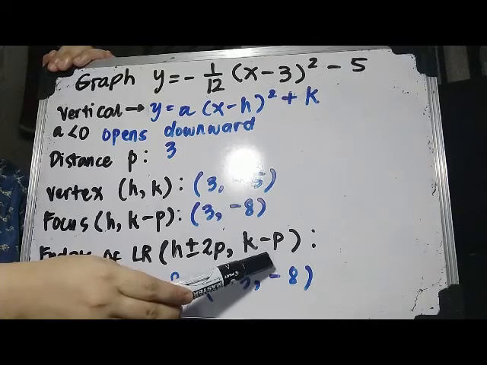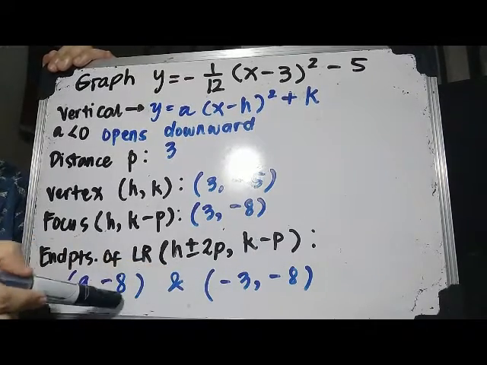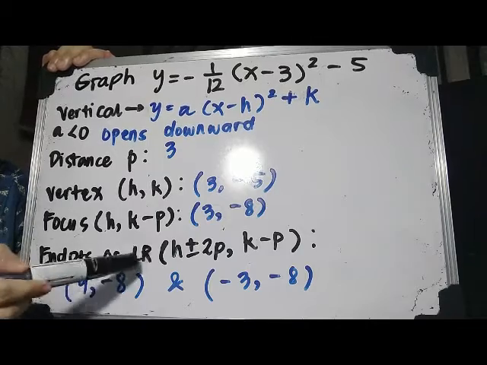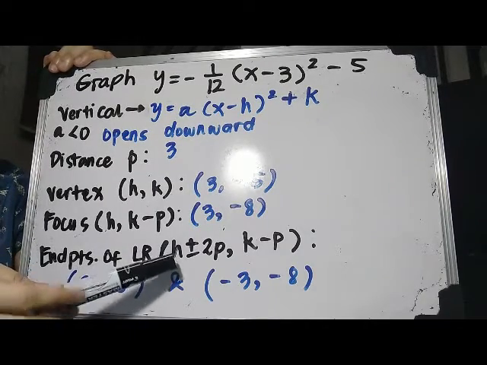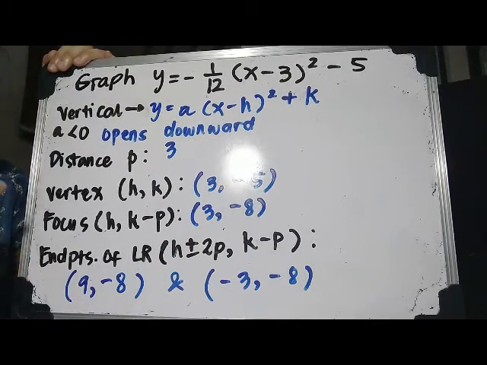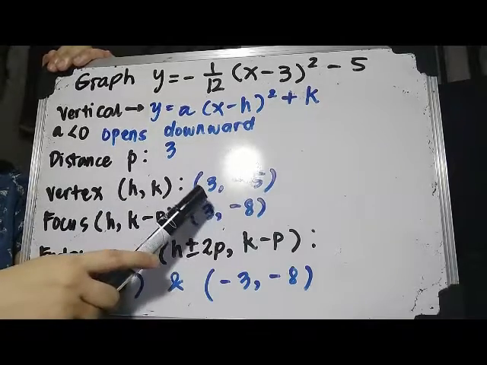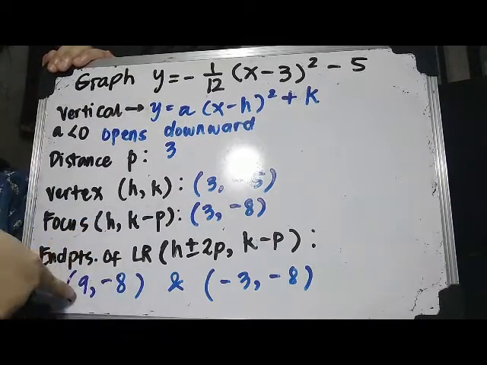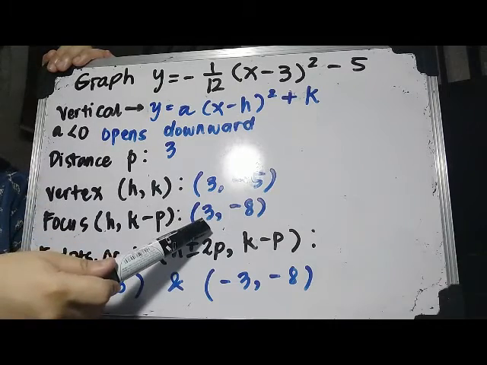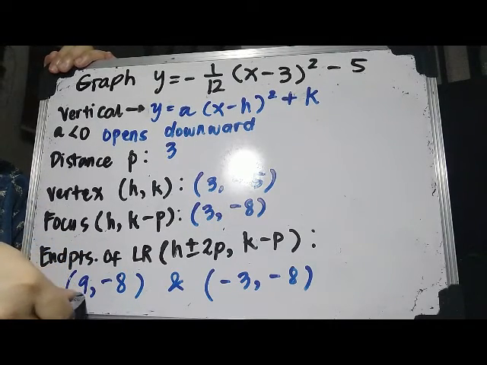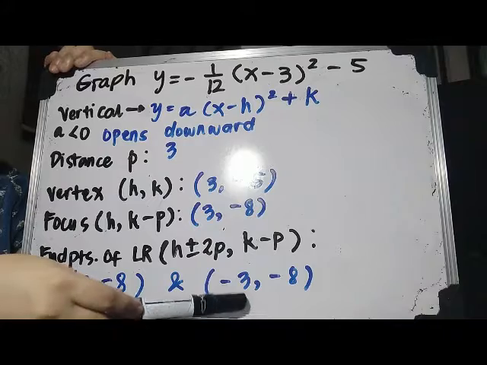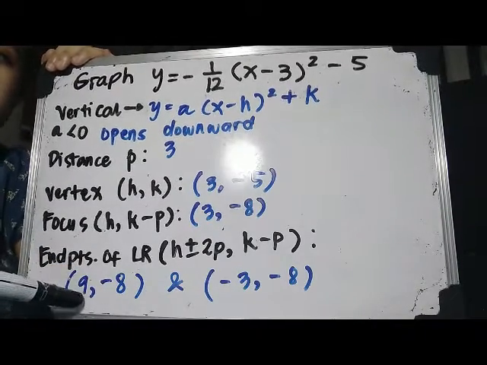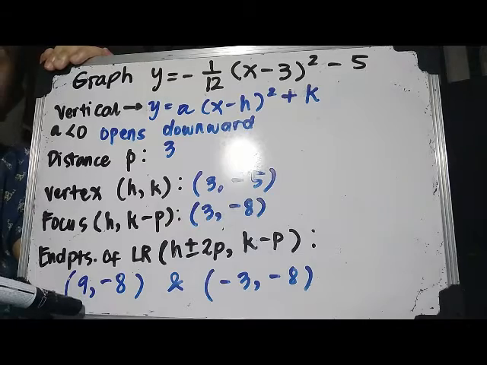This k minus p we already know is negative 8, so simply copy that in here. What we need to get is the x-coordinate, h plus or minus 2p. Our h is 3, 2p is 6, so let's do the addition first. 3 plus 6 is 9, and 3 minus 6 is negative 3. So the endpoints of our latus rectum are (9, negative 8) and (negative 3, negative 8).